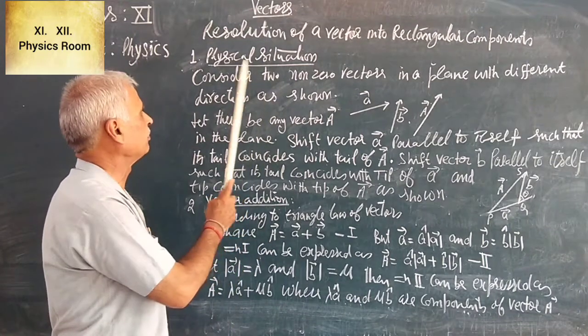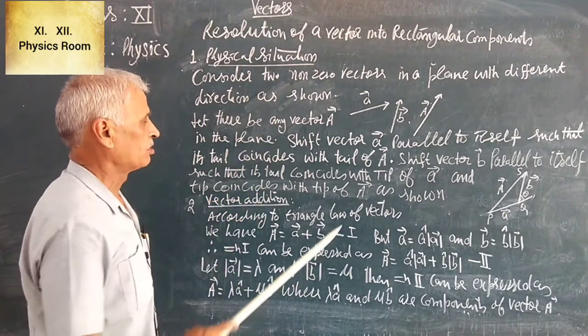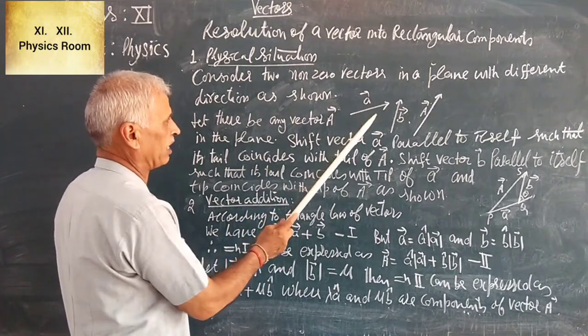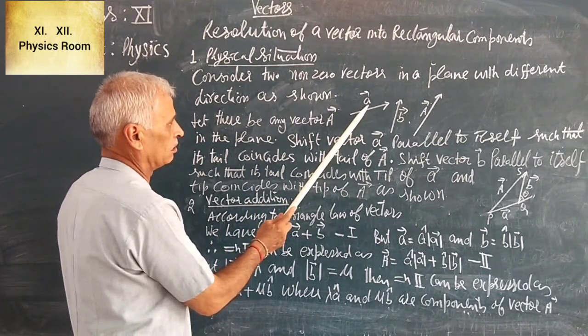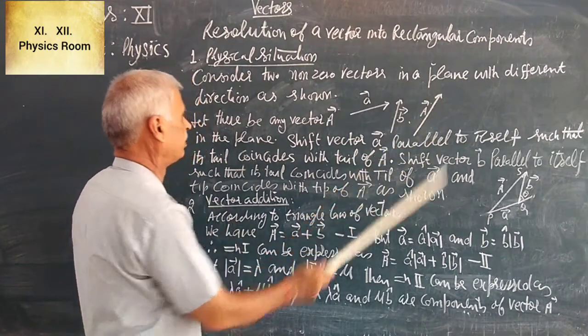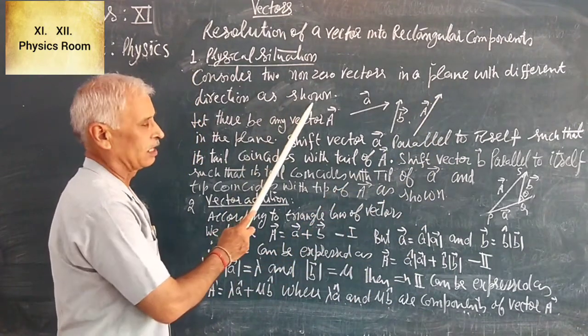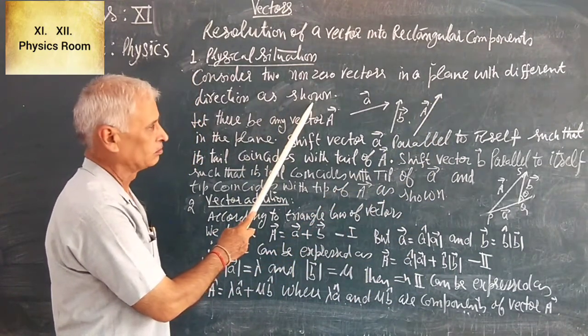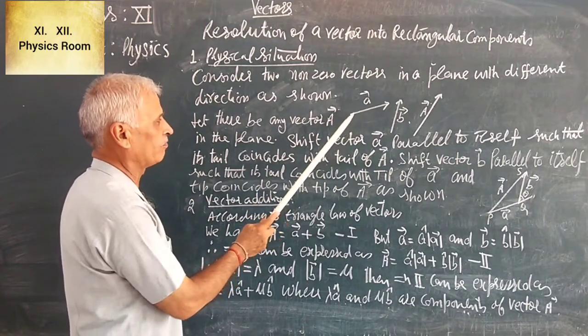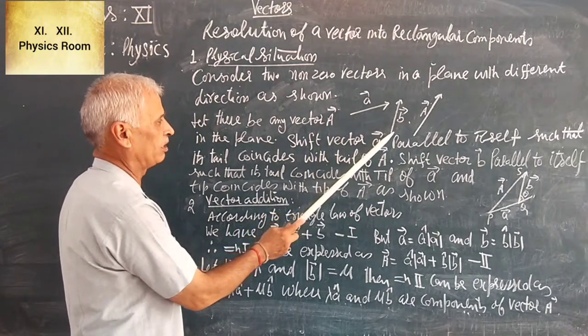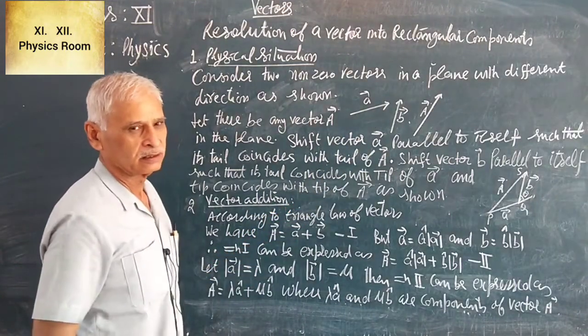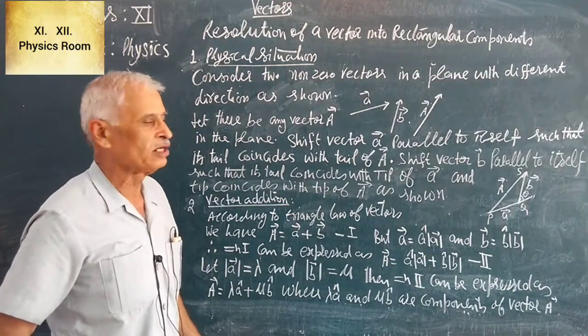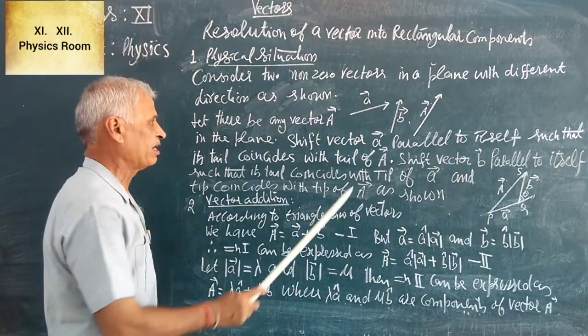Now, let us develop a physical situation. Consider two non-zero vectors in a plane with different directions as shown. So, these are two vectors, vector A in this direction, vector B in this direction in a plane. These are non-zero, they possess magnitude, but their direction is different.